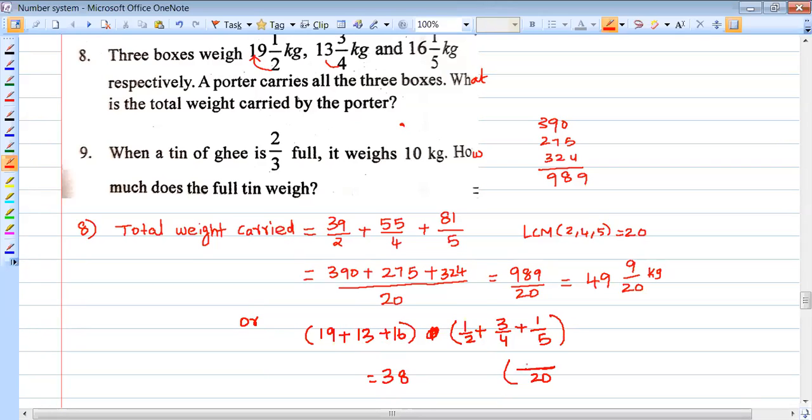Here you will get 20, and here 10 plus 15 plus 4, giving 29/20. So 49 9/20 is the right answer.